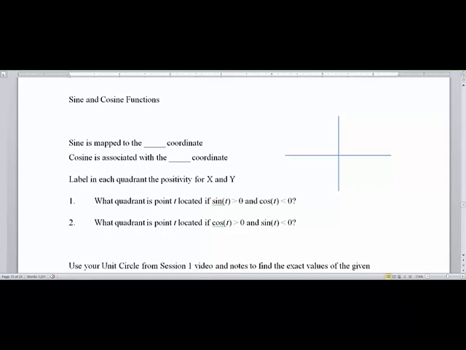So let's talk about the sine and cosine functions. Now, first of all, sine is mapped to the y coordinate and cosine is mapped to the x coordinate. So I usually have students at this moment say sine and cosine, because the sine is bound to the y and the cosine is bound to the x. And that's built off of SOHCAHTOA.